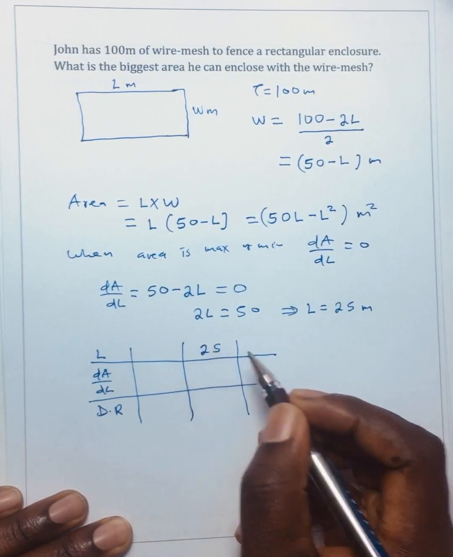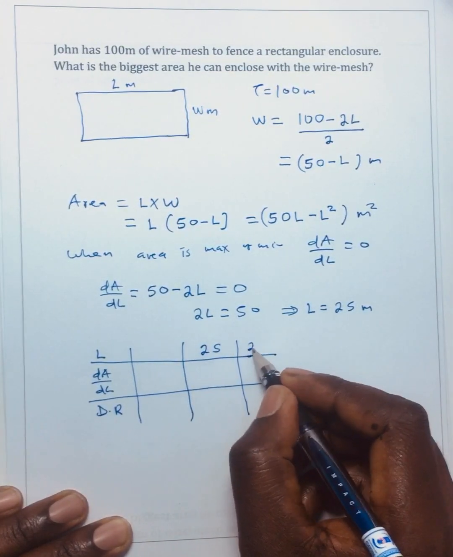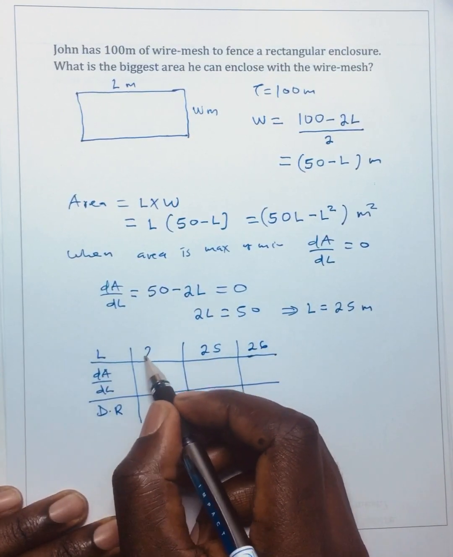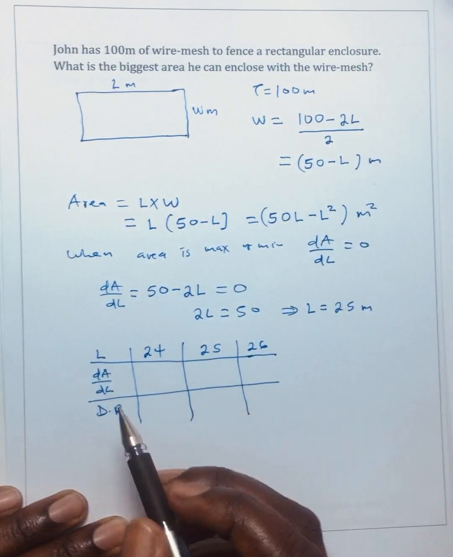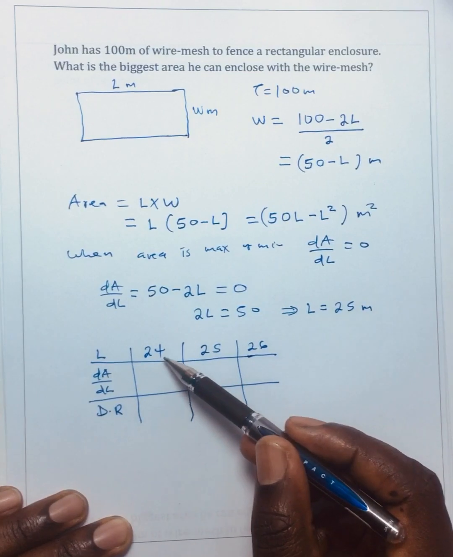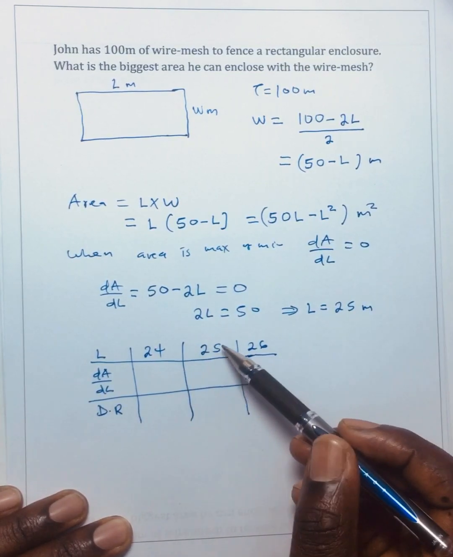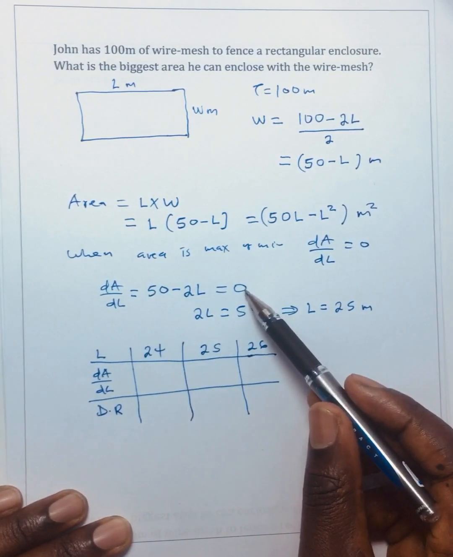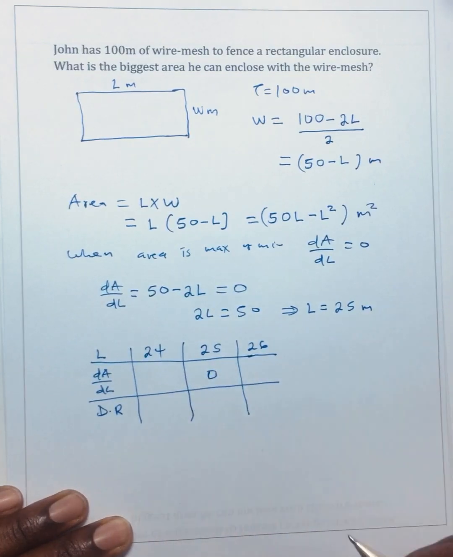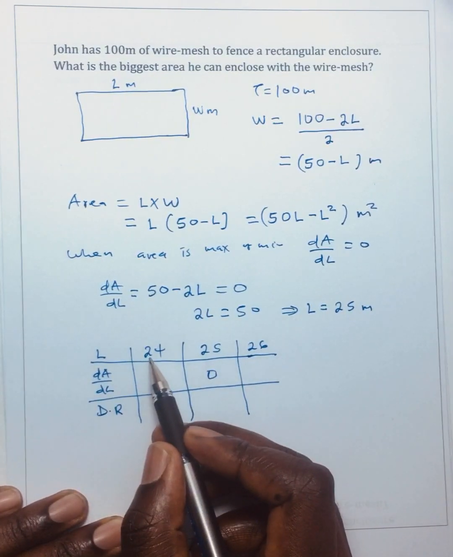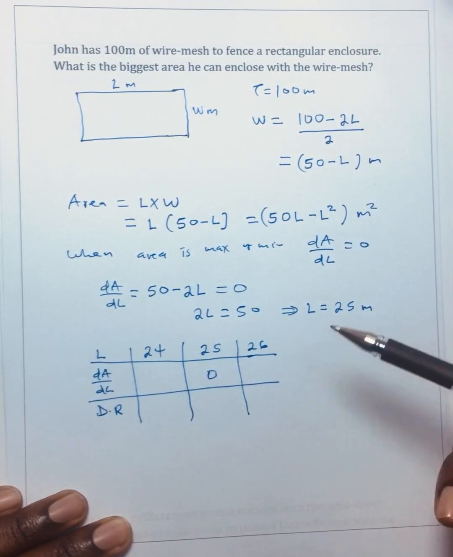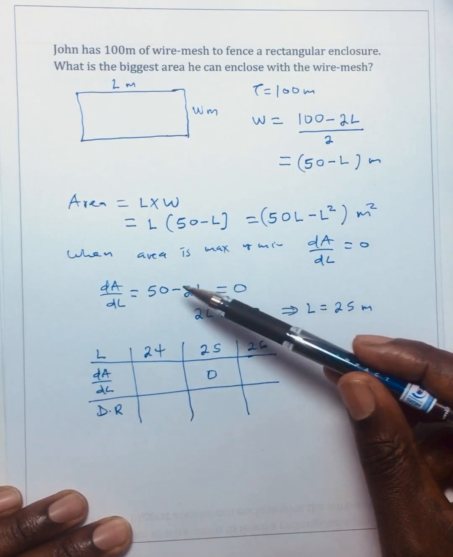So we have 25. So to the right we have 26, and to the left we have 24. So when L is 25, we expect dA/dL to be 0. But when it is 24, let us just substitute that value in our dA/dL.